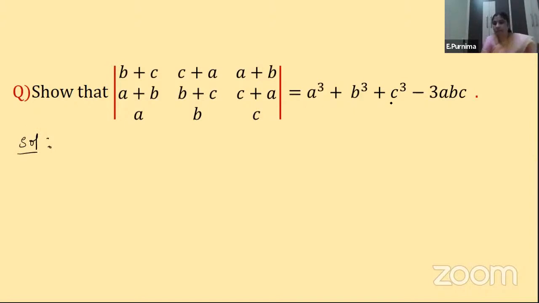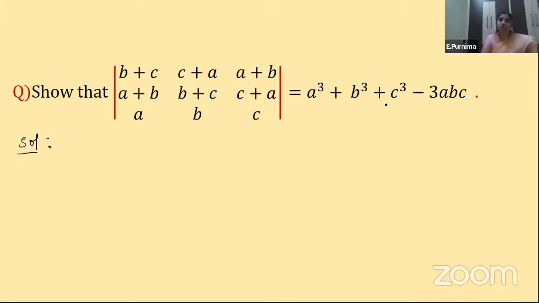To get this form, there is a formula from the law of exponents. In lower classes you learned some formulas of exponents, children. Among them, one formula is: a plus b plus c into a square plus b square plus c square minus ab minus bc minus ac is equal to a cube plus b cube plus c cube minus 3abc. I hope you remember that formula.